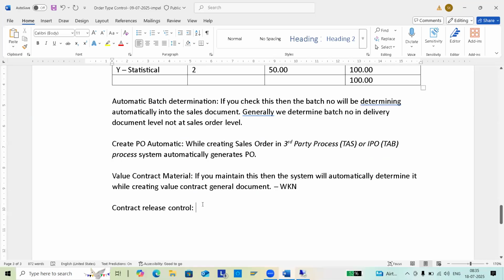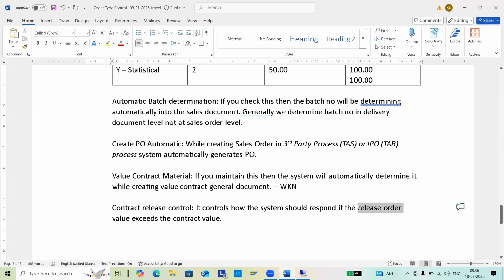Okay, guys, so it controls how the system should respond if the release order value exceeds the contract value.